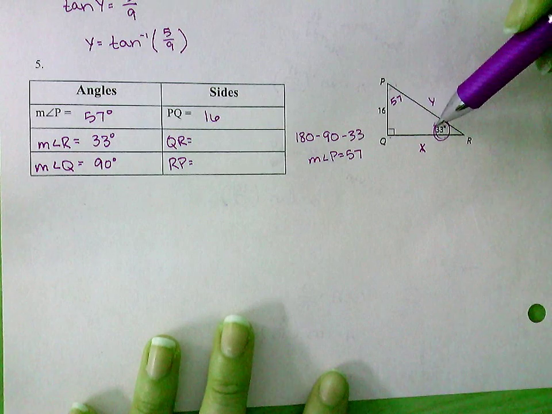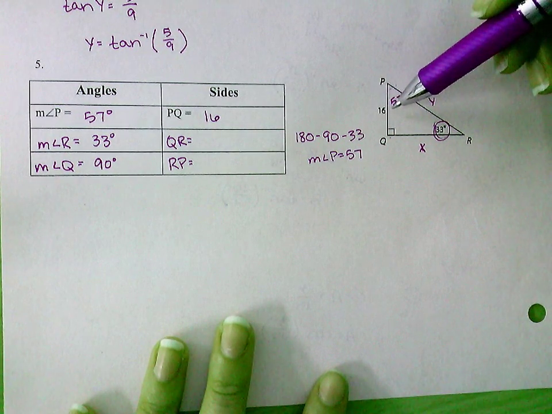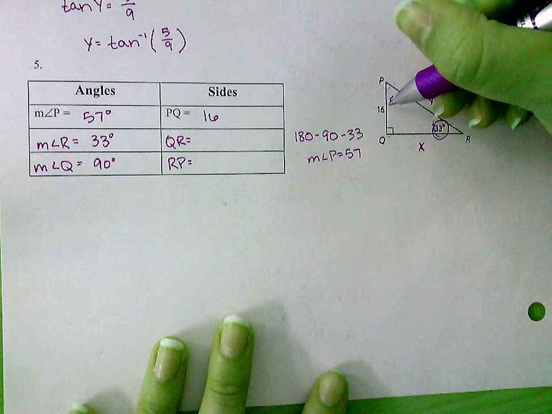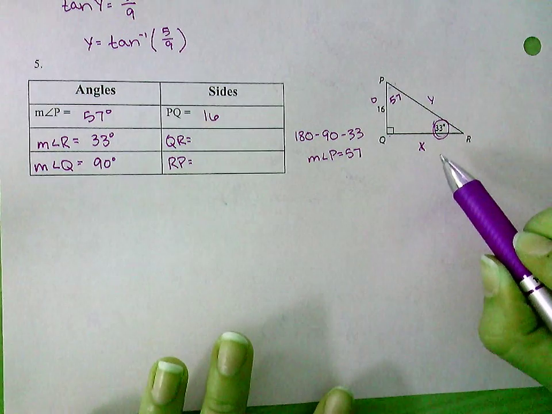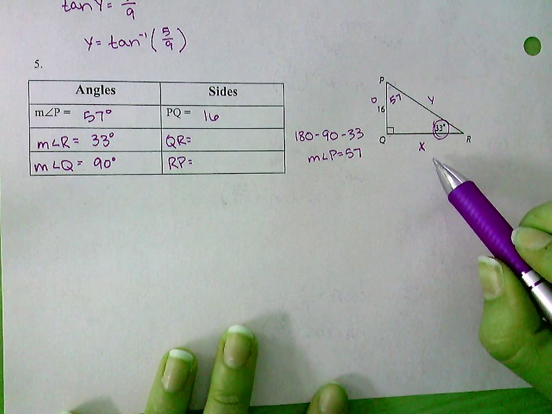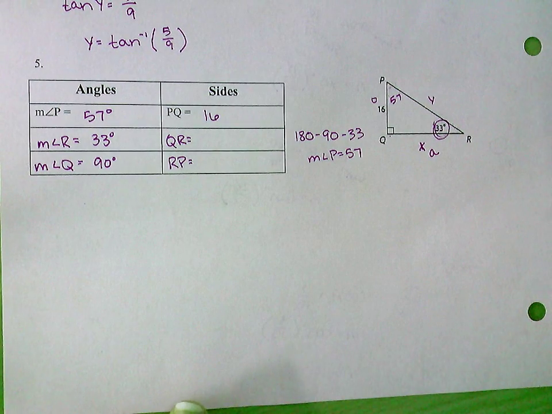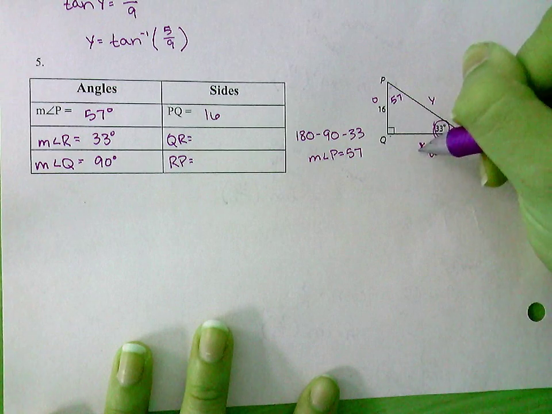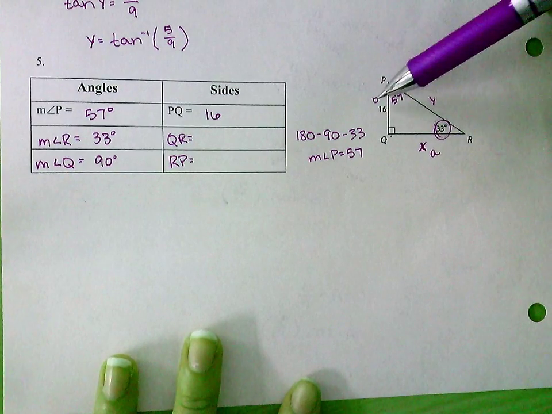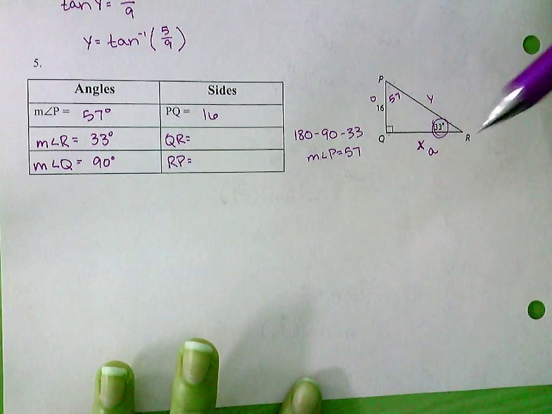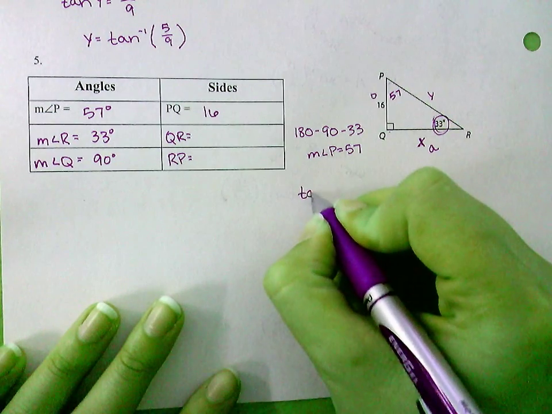So we have a side across, which is opposite. And if I want to find X first, what is that side labeled? Adjacent. This is an X. So I have an O and an A. I'm going to use tangent.